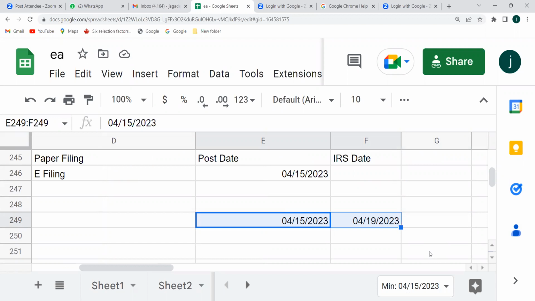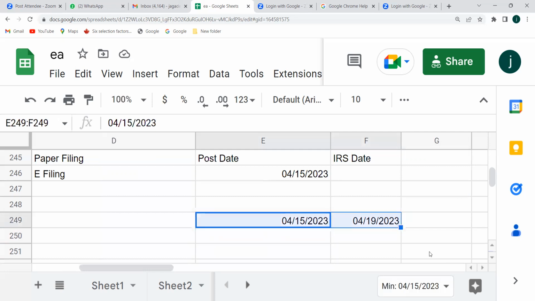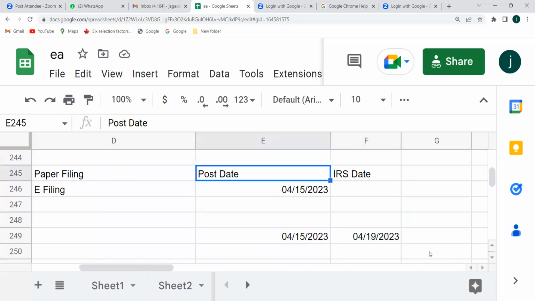If you post on 15th April, it will not reach immediately, so you are filing late. If you have time, go with the extension and then file. Or else you need to pay penalties: a 5% penalty for not filing the form within the due date.